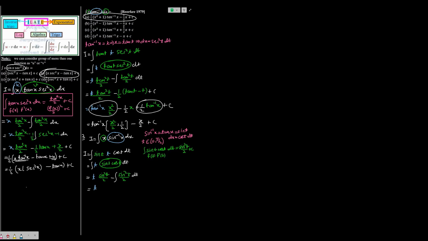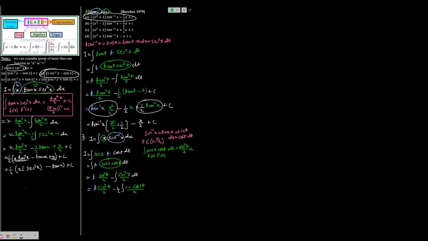First term will be as it is. In the second term, 1 by 2 is outside. To integrate sin square t, it should be converted into 1 minus cos double the angle by 2.